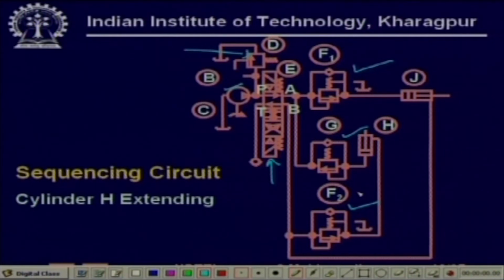So now what happens is that initially cylinder H is extending, right. So it is in this position. Look at the position. Then what is the flow? Cylinder H extending means it flows through this check valve in the open direction, flows into the cap end, goes out through this, flows through and returns.